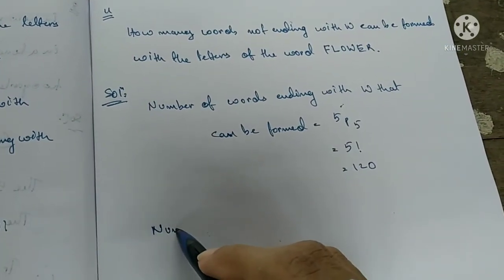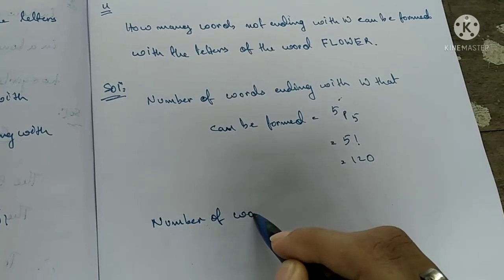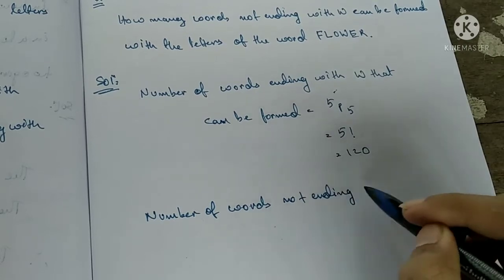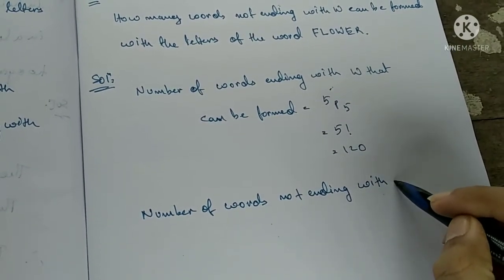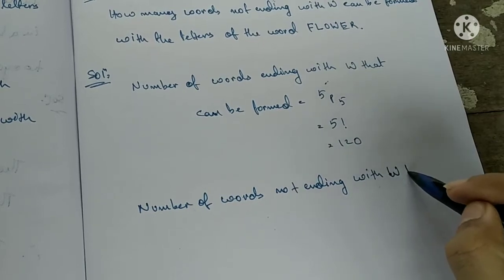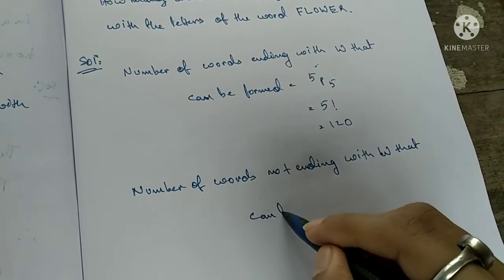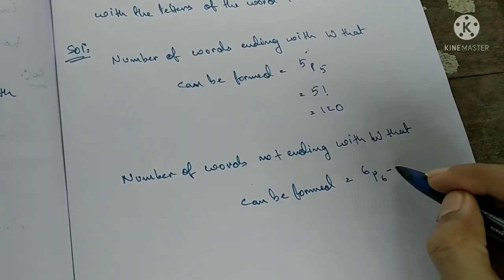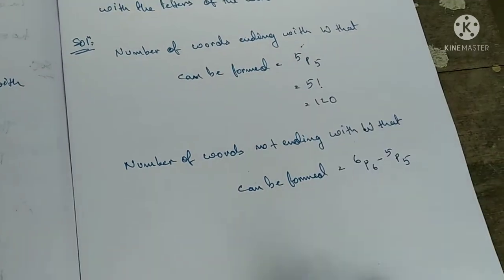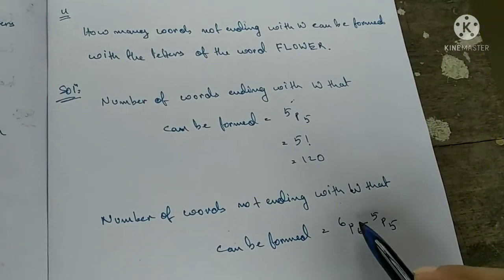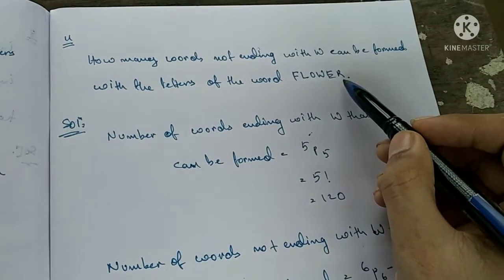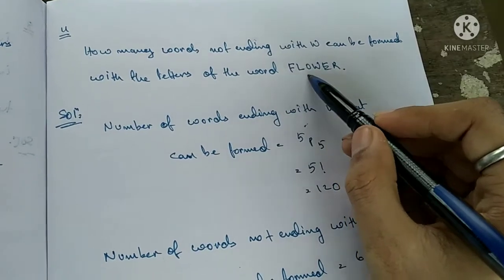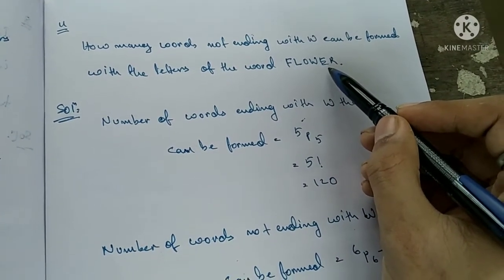So now number of words not ending with W that can be formed will be equal to 6p6 minus 5p5. Understand? So 6p6 is the total number of ways the letters in the word flower can be arranged.